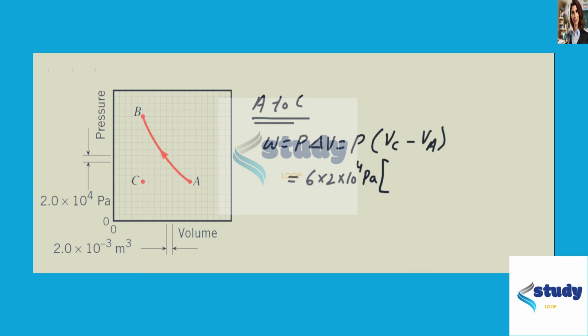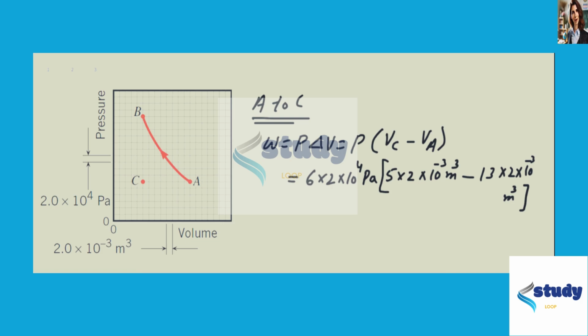So this gives us volume of point C equal to 5 times 2 times 10 to the power minus 3 cubic meter, minus volume of point A. Up to point A there are 13 squares on volume axis. So volume of point A will be 13 times 2 times 10 to the power minus 3 cubic meter.